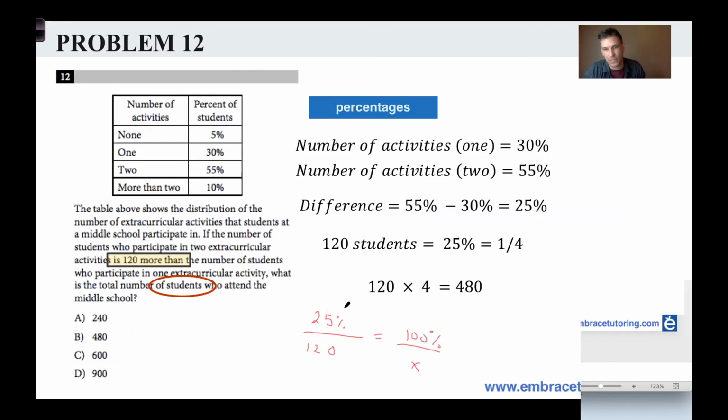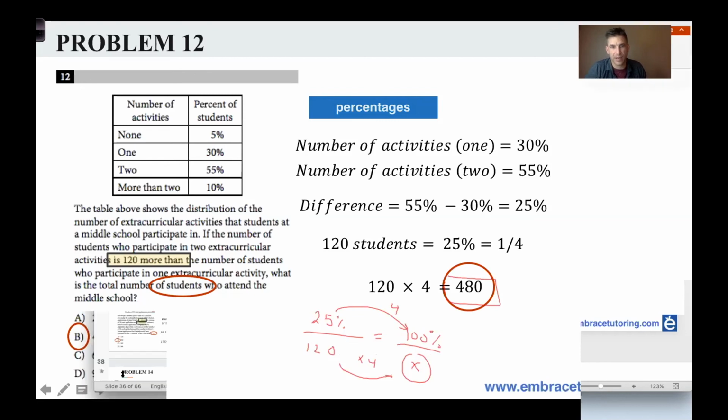Well, 25 goes to 100 when you multiply by 4, therefore 120 times 4 is what is going to give you your total number of students. That's where I'm getting 480 from, okay? Right, so that's the best way to do that problem as we work through it.